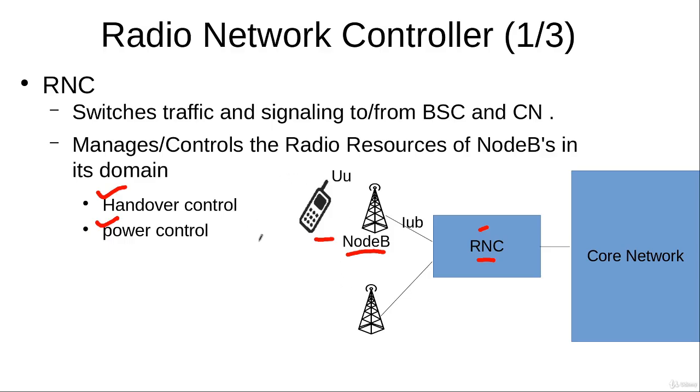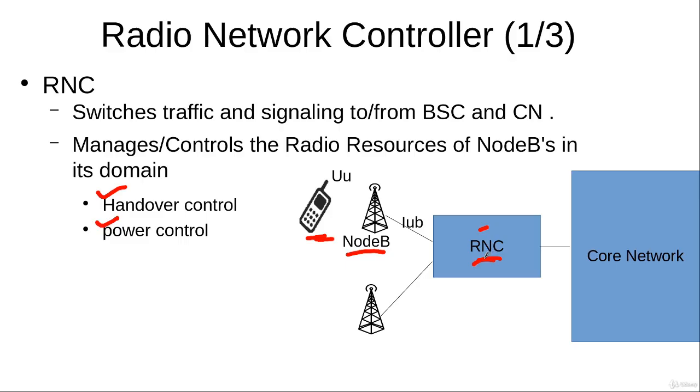Now, the second decision that the radio network controller makes is about the power control. For example, this user equipment is in this node B. Then, based upon the measurement report, the radio network controller decides at what distance this user equipment is from the node B, and at what power this user equipment should transmit, so that it does not cause interference to the other user equipments that are using the same frequency.